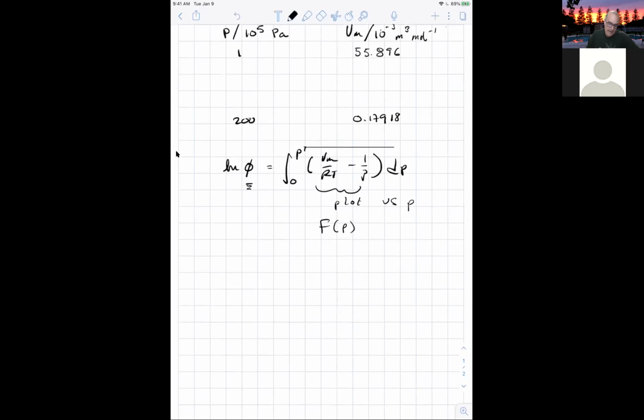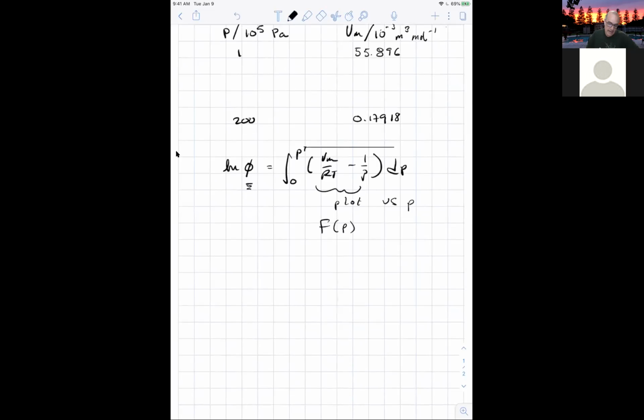This is going to be our function f of p. It's going to be points, right? Then we're going to fit a line to this. So this is going to be our fit of P, some polynomial, right?